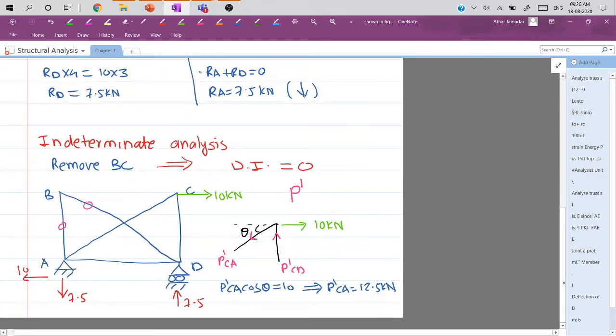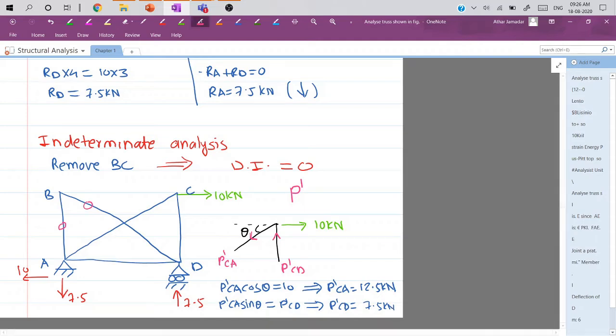Now if you take summation of Fy equal to 0, I get P dash CA sine theta is equal to P dash CD. If you put in the value of P dash CA which we calculated and sine theta, you get P dash CD equal to 7.5 kilonewton.